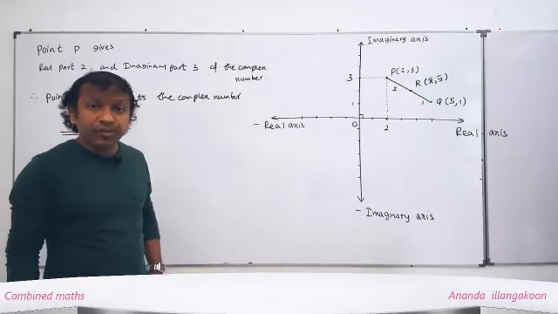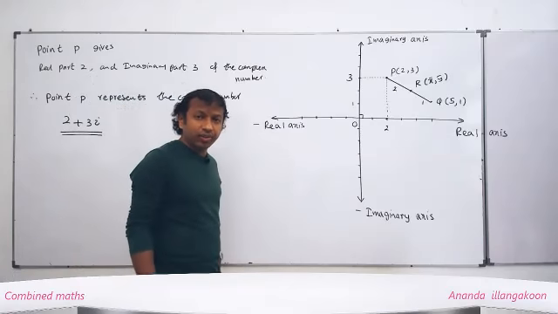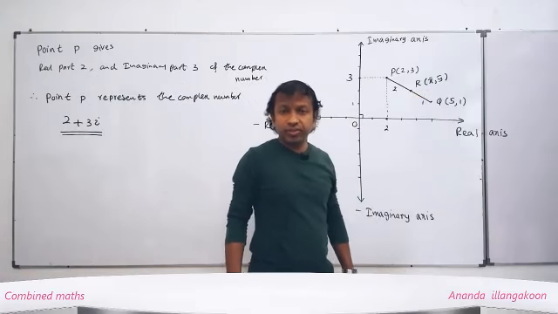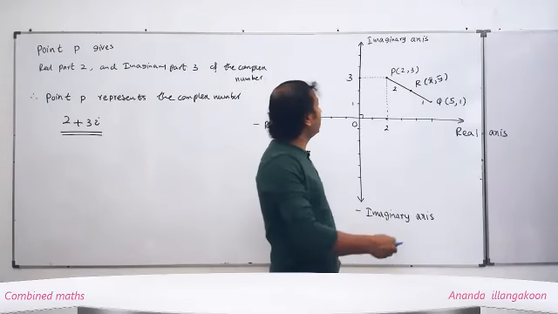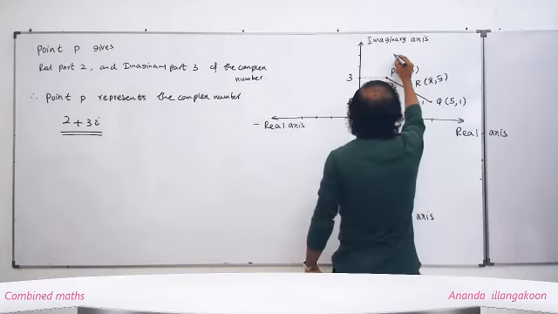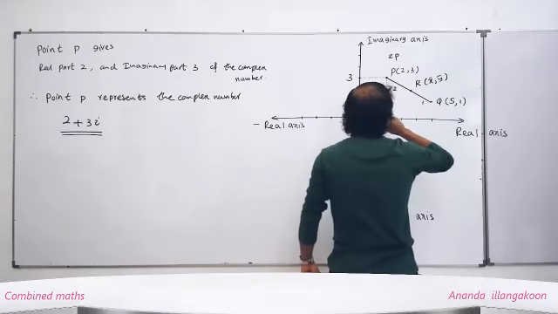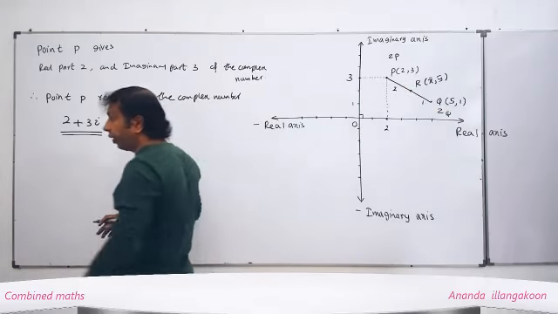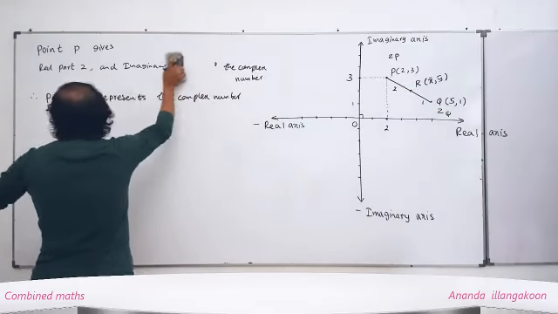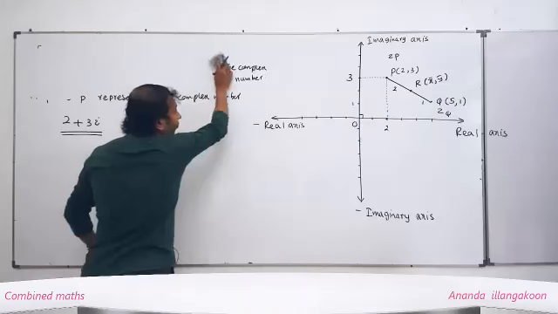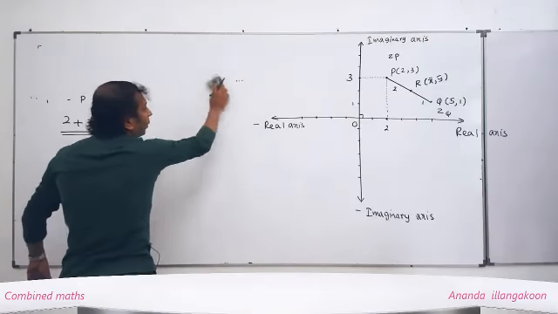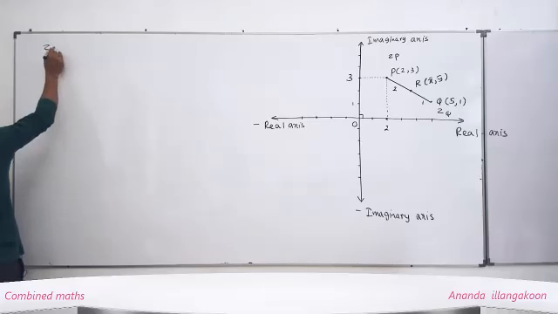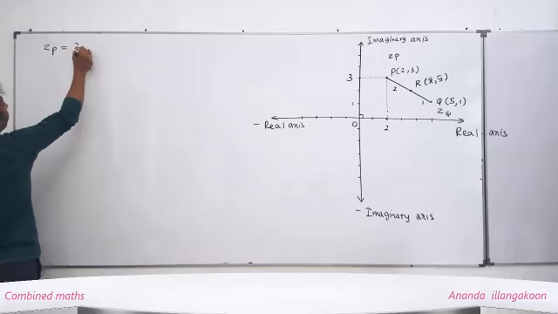The ratio theorem we learned in coordinate geometry. If I take the complex number represented by P as ZP and that at Q as ZQ, both you can write. ZP stands for the complex number represented by the point P. Then ZP is nothing but 2 plus 3i.